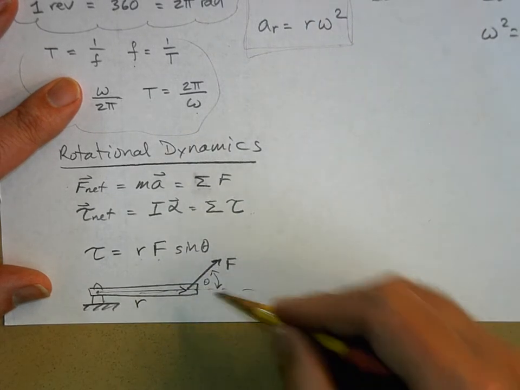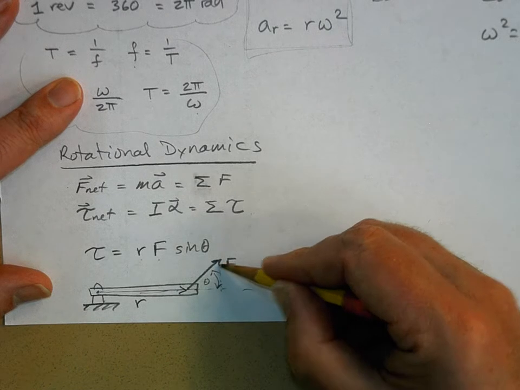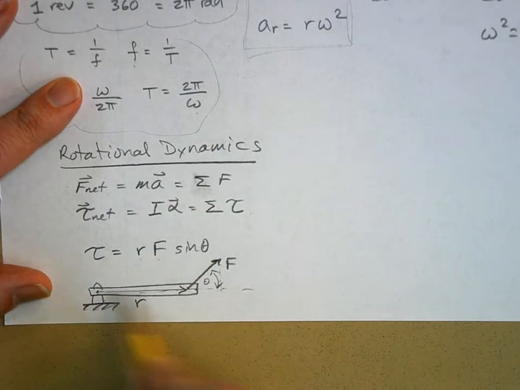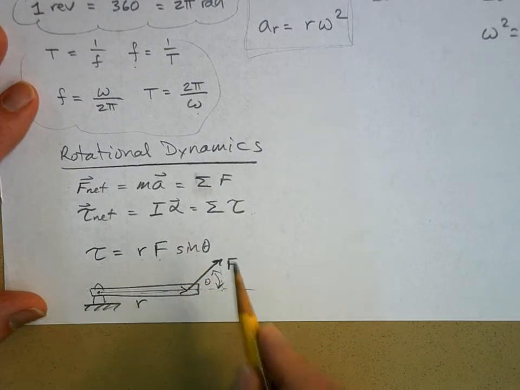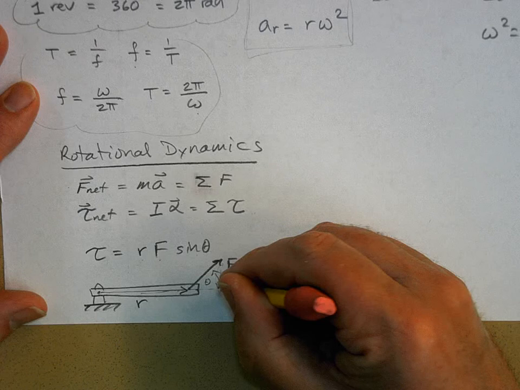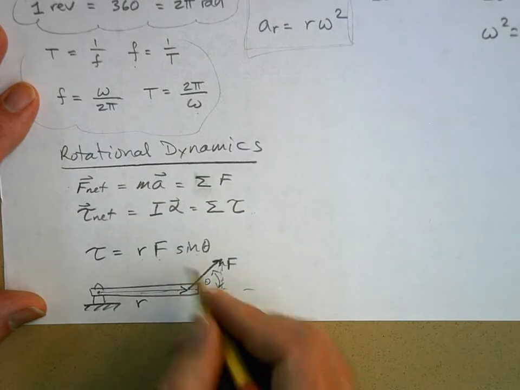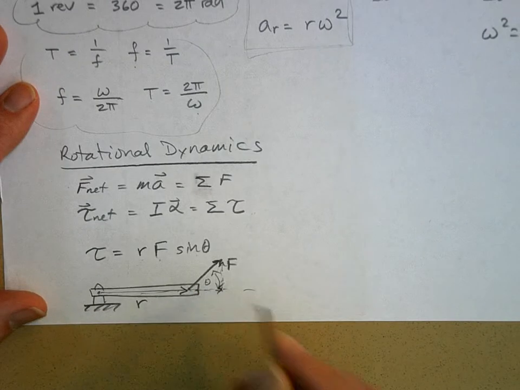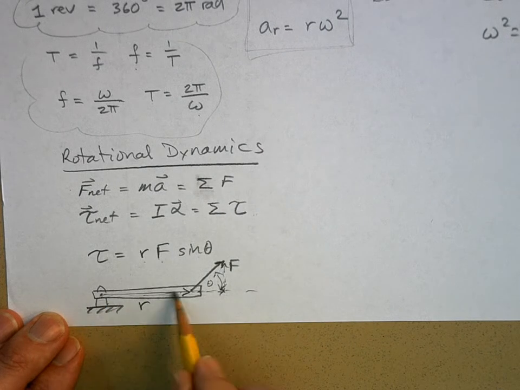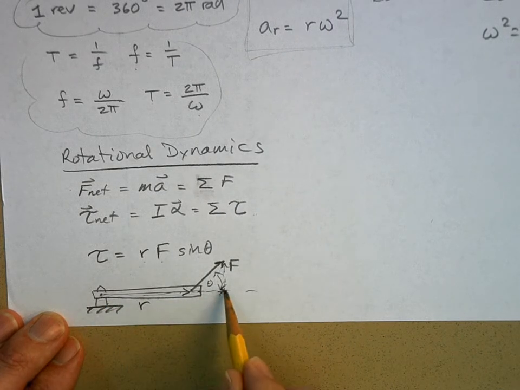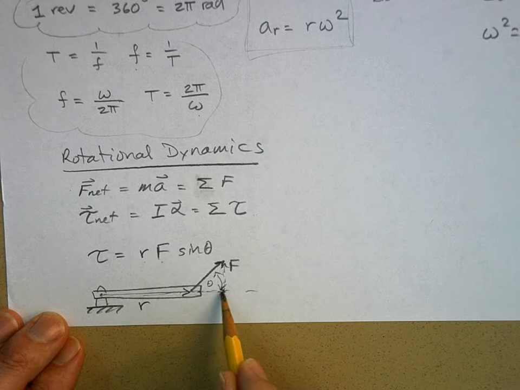Only the component of the force here that's perpendicular to R is contributing any torque, any twisting kind of force. So this F sine theta, that's what this part is right here. Now, F cosine theta is the component of the force that's along our lever arm R. Well, that doesn't apply any torque, it just pulls on it.